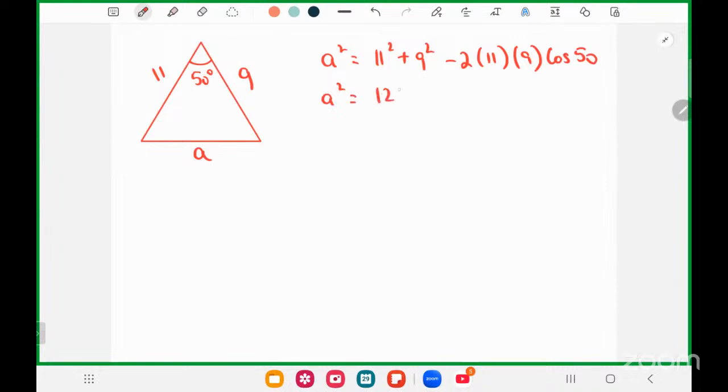A square is 121, 81 minus 198 cos 50. 121 plus 81 minus 198 cos 50 is 74.73.